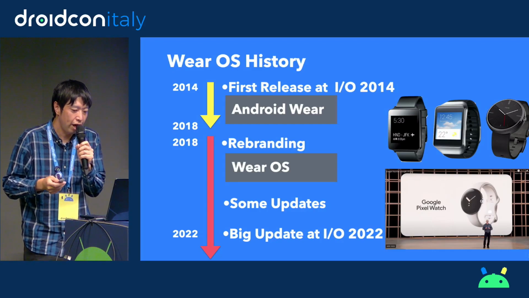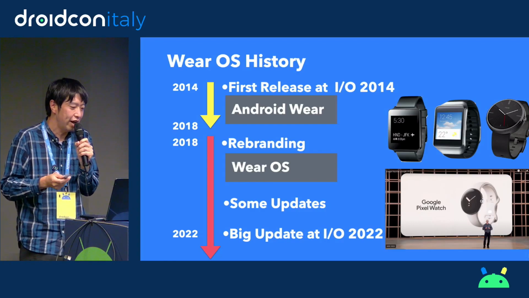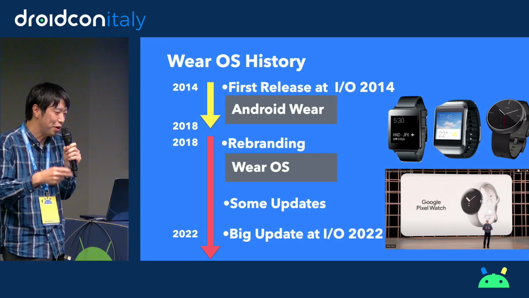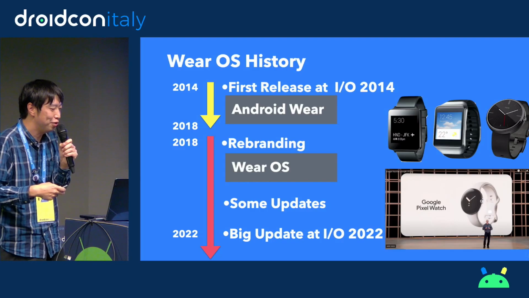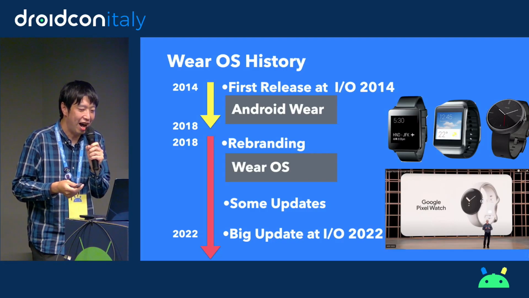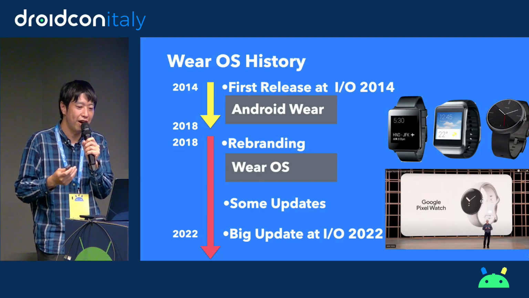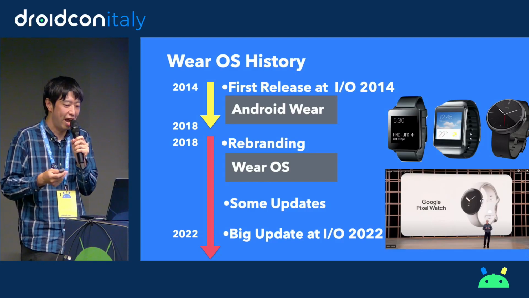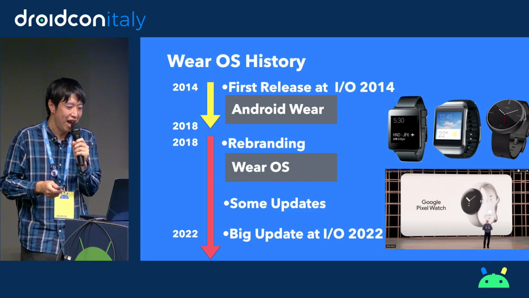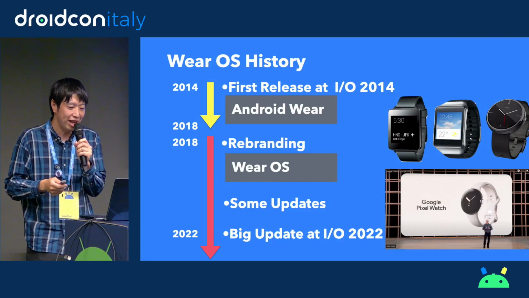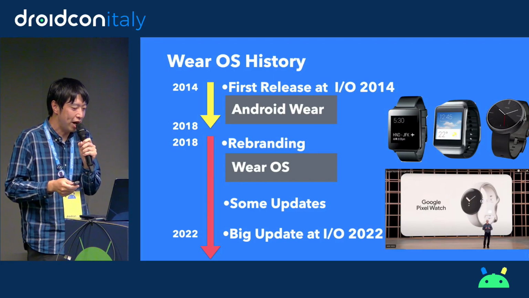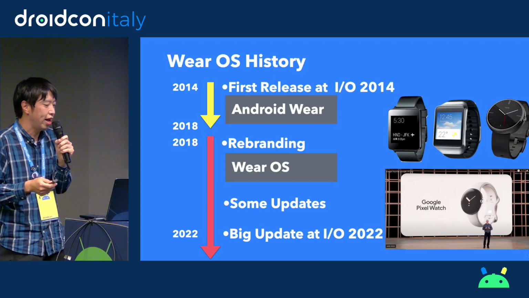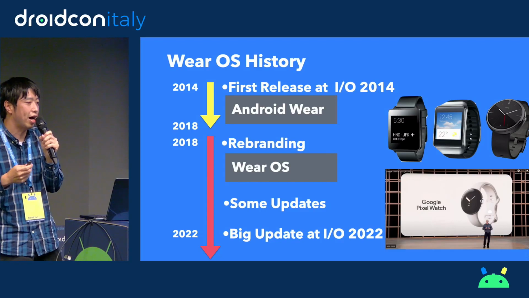And as you know, Pixel Watch was announced. And today, just before this session, the Made by Google official channel announced more details about Pixel Watch. We can get a Pixel Watch maybe this month, and I'm so excited. So I'd like to get one as soon as possible.